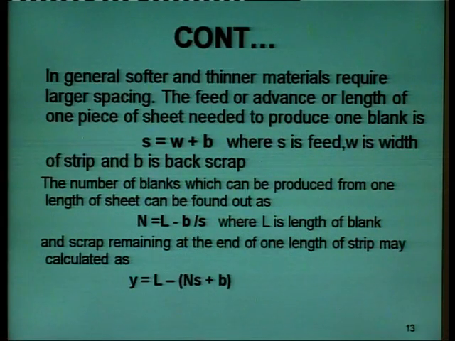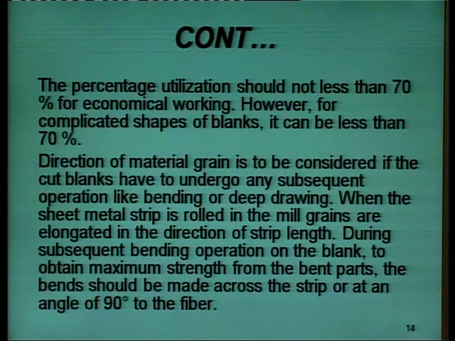All notations I have already told you. Now, the percentage utilization should not be less than 70% for economical working. That means for economical working, the material utilization should not be less than 70%. However, for complicated shapes, it can be even less than 70%.